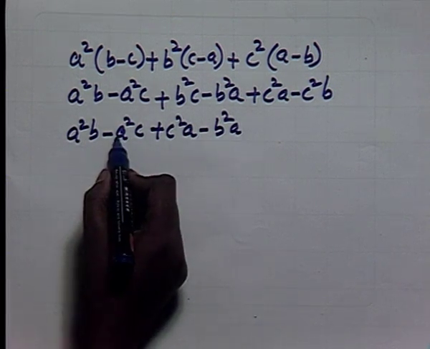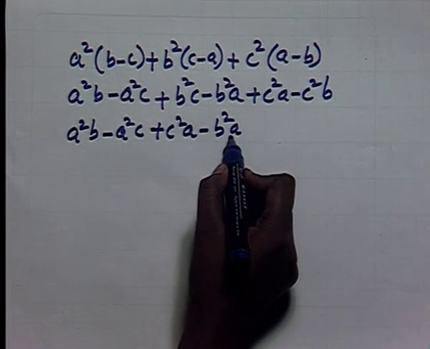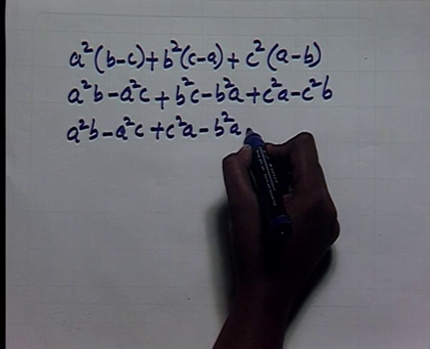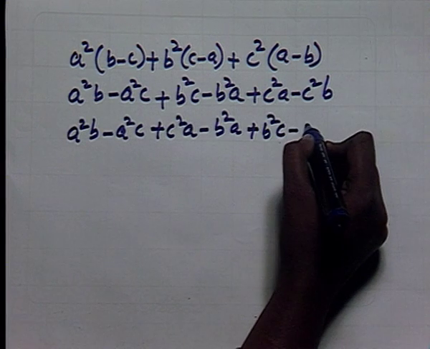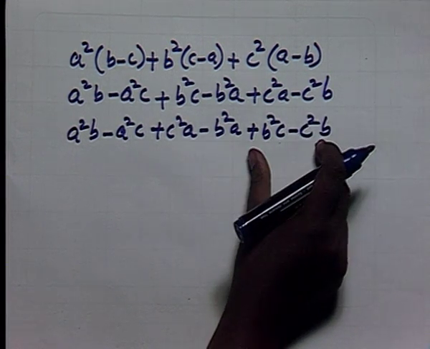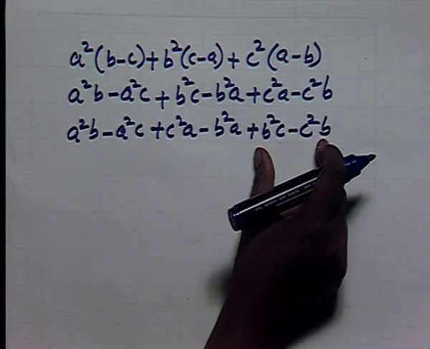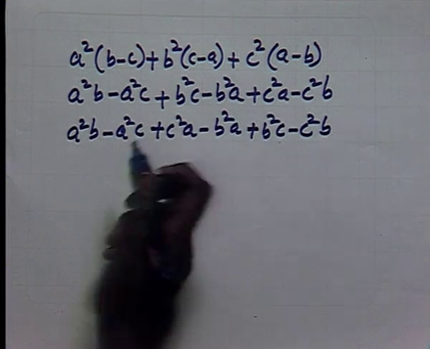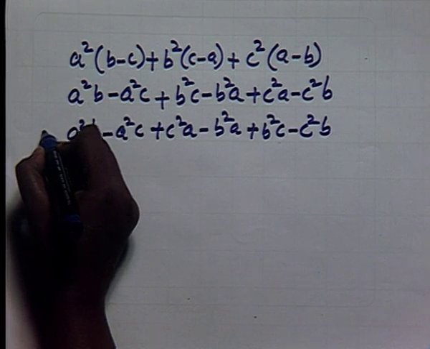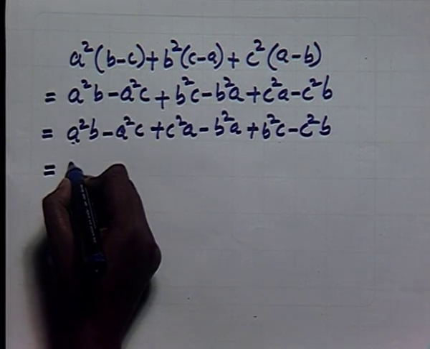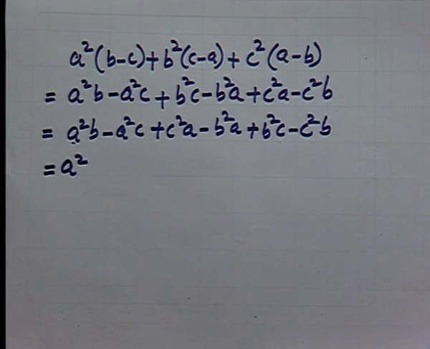Here the power of A is A square and the power of A is 1 here. Then plus B square C minus C square B. These two terms do not have A at all. Now, out of these two terms, I can take out A square common.